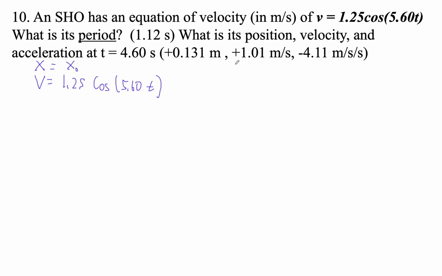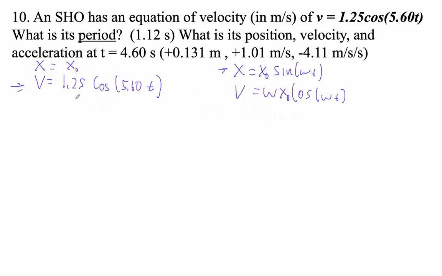Let's just write them together here. x is x naught sine omega t, and corresponding to that, v is omega x naught cos omega t. So if this is our velocity equation, this would be our x equation.